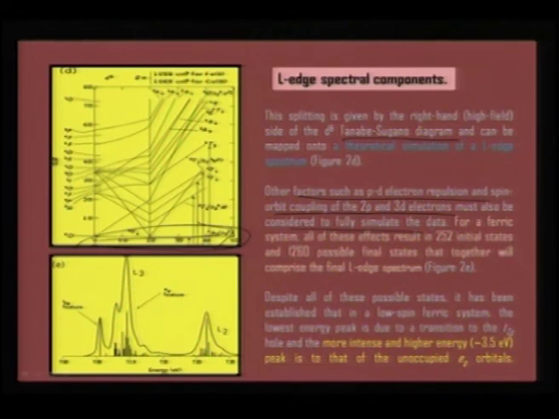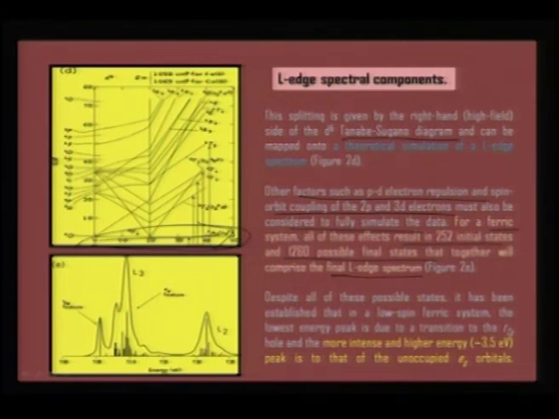So, for a ferric system, theoretically there are 252 initial states and 1260 possible final states together making up the L-edge spectrum.